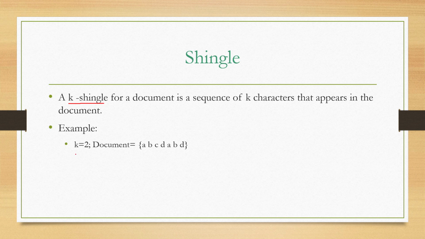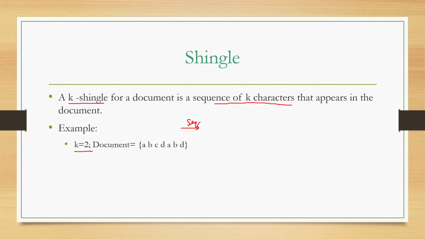If we consider an example here, the K value is given as 2, and let us consider this as the given document. What we have to do is consider a sequence of K characters that appear in the document, and this has to be considered in a sequence.